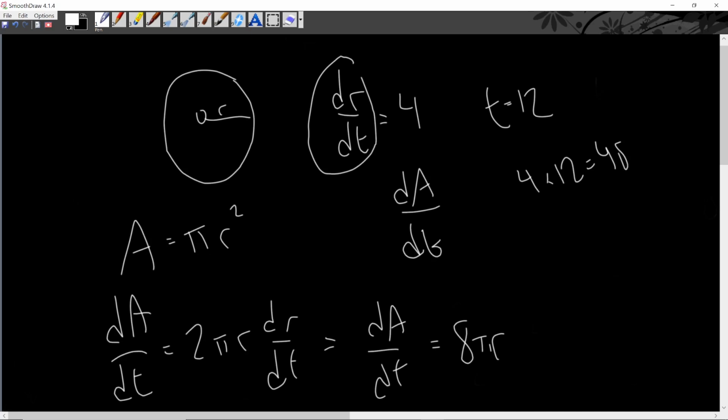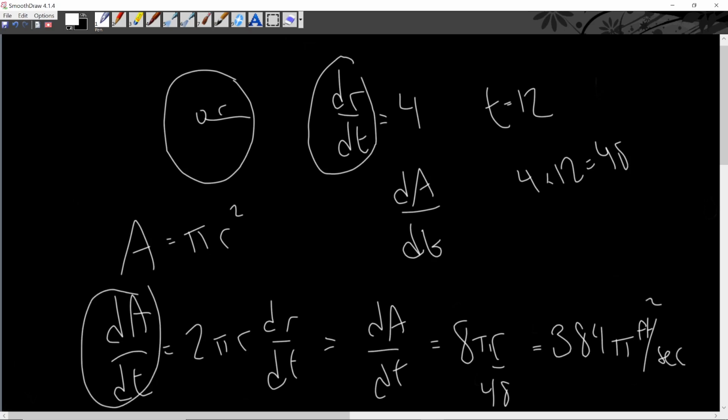So you have 48 for r, and 48 times 8 I think will be 384, because 320 plus 64 is 384, so we'll have 384 pi feet per second, sorry. And actually this will be feet squared per second, right? We're doing dA/dt, so we're seeing the change in area with respect to time.